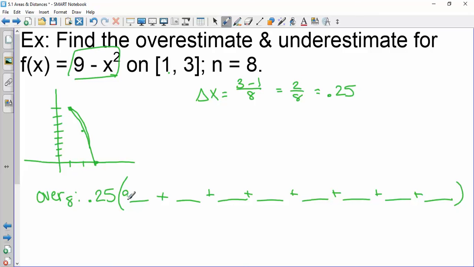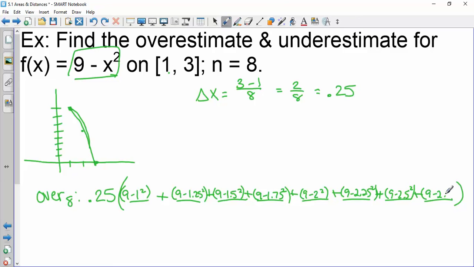Okay, so my first point would be 9 minus 1 squared. Next one will be 9 minus, and we just add the 0.25, 1.25 squared. 9 minus 1.5 squared. 9 minus 1.75 squared. 9 minus, oops, if I add, that's just going to be a 2 squared, isn't it? 9 minus 2.25 squared. 9 minus 2.5 squared.